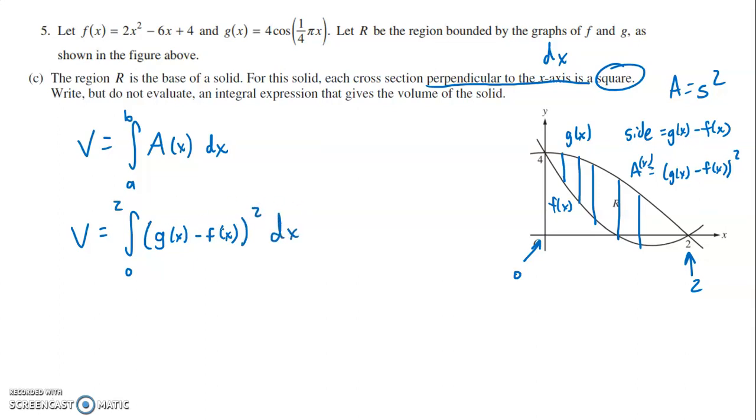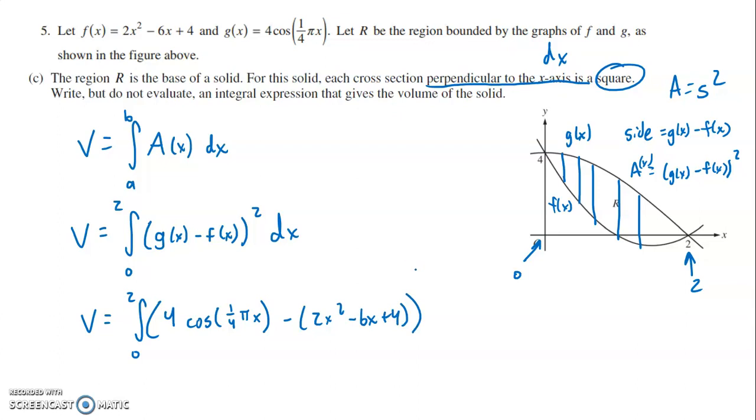Now I have to actually plug in the functions g of x and f of x. So I can't stop here. I'm almost done. I just need to plug those in. So the integral from 0 to 2 of 4 cosine of 1/4 pi x minus, I either need to put parentheses here or I need to make sure that I distribute the negative correctly.